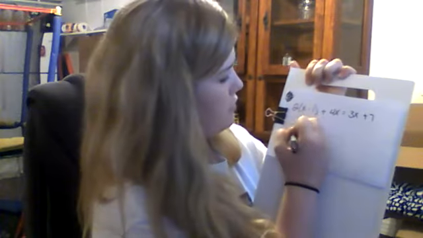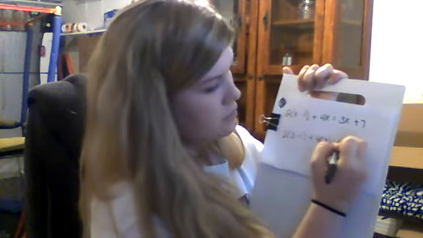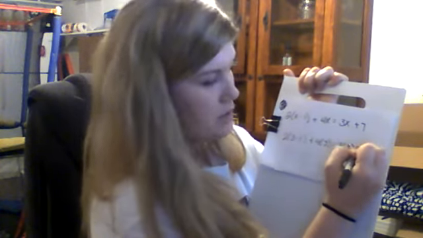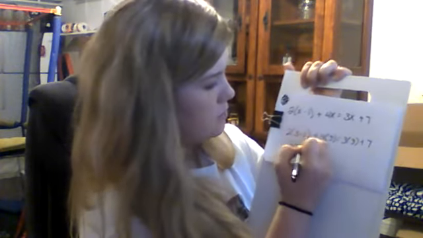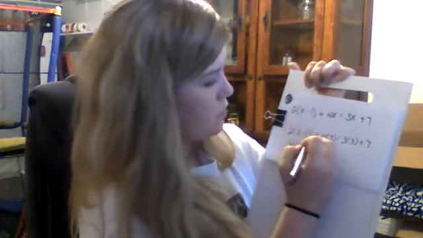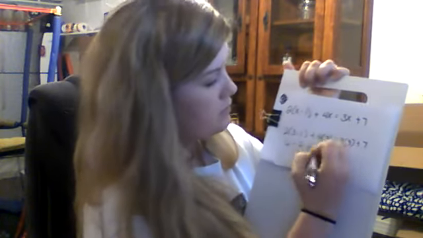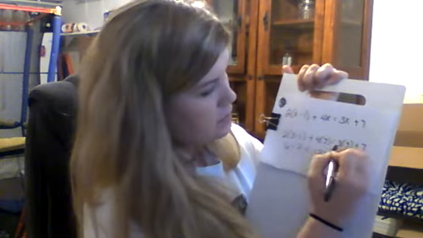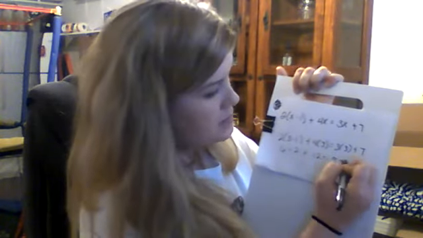So we're going to have 2 times (3 minus 1) plus 4 times 3 equals 3 times 3 plus 7. So now we're going to go ahead and distribute again. 2 times 3 is 6 minus 2 times 1 is 2 plus 4 times 3 is 12 equals 3 times 3, which is 9, plus 7.